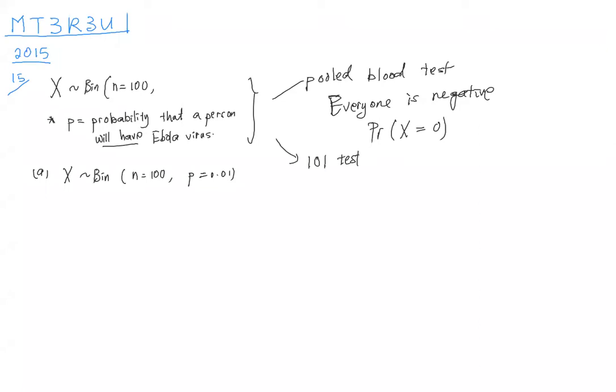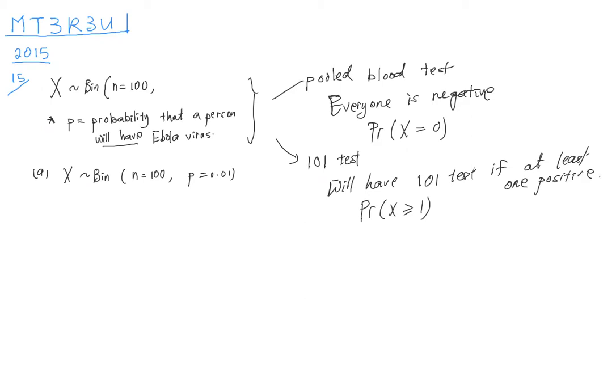So that means if at least one person is positive, you will have 101 tests, if probability of X more than or equal to 1. So that is how you decide.